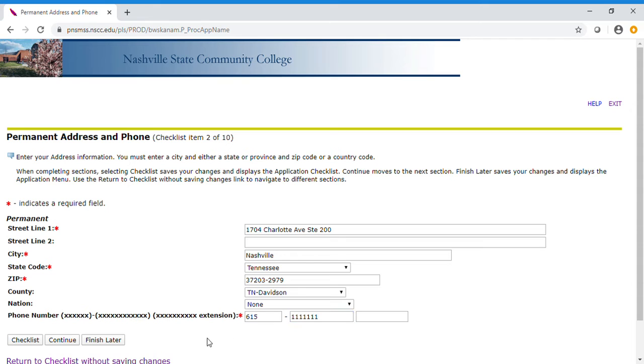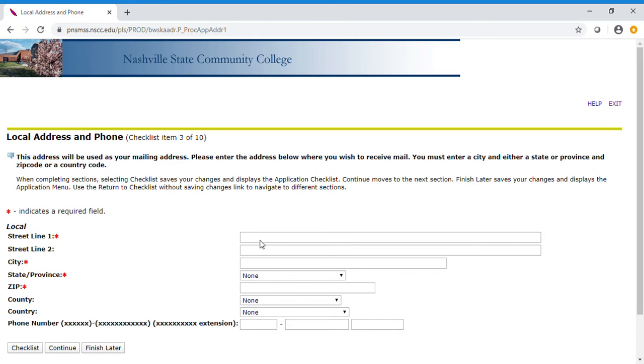Okay. Notice again that the phone number is required by the red asterisk. And Nashville State basically requires you to fill in your address again. So we're just going to throw it back in here.